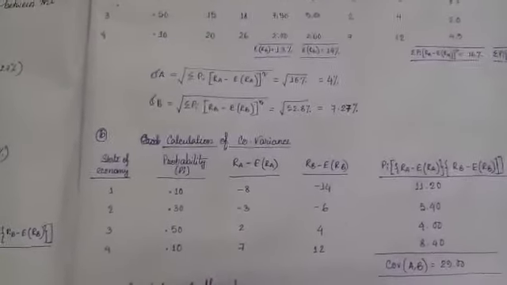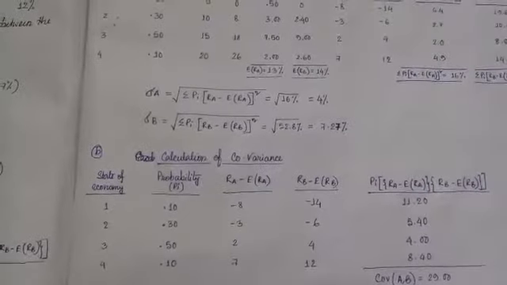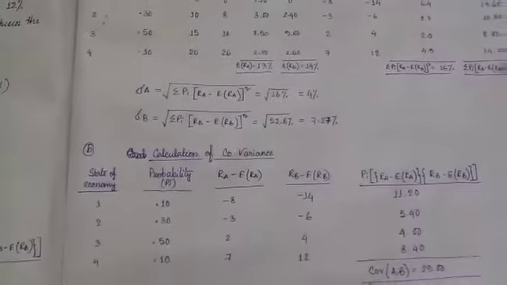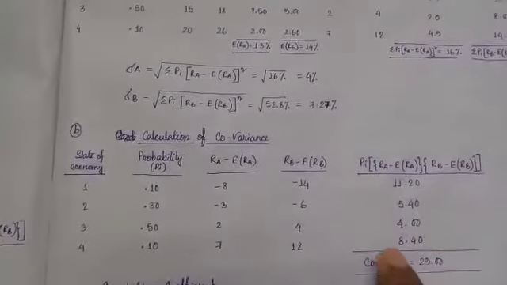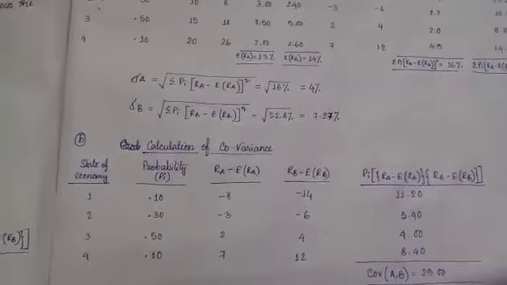So the average joint deviation, which is calculated after multiplying the joint deviation with the probability, comes to 29%, and it is called covariance. Now what is covariance?